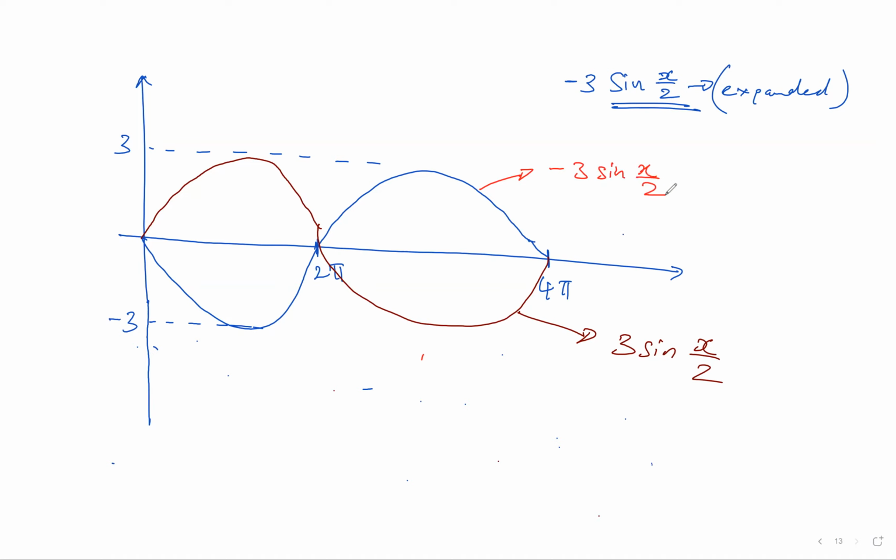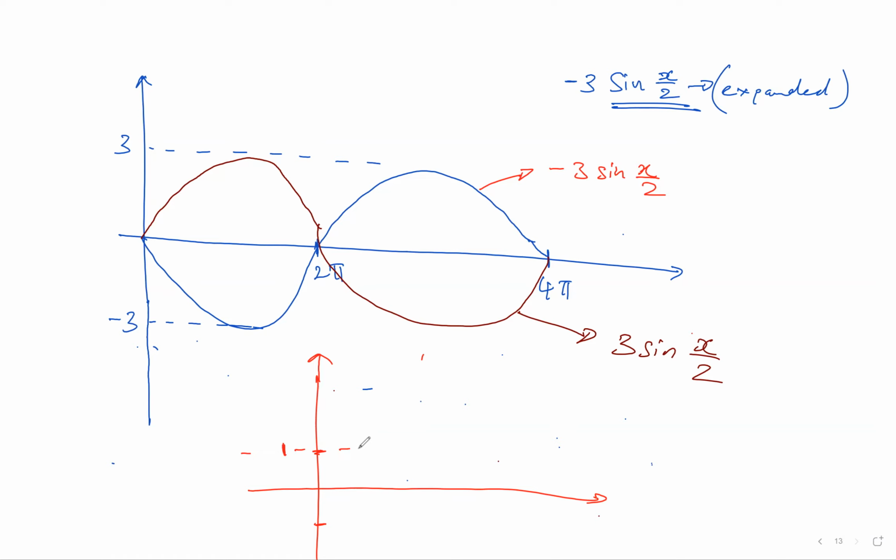Okay, now I need to plus 1. So I need to move this all up. So it becomes 4 and negative 2. So it's plus 1. So plus 1 is here.